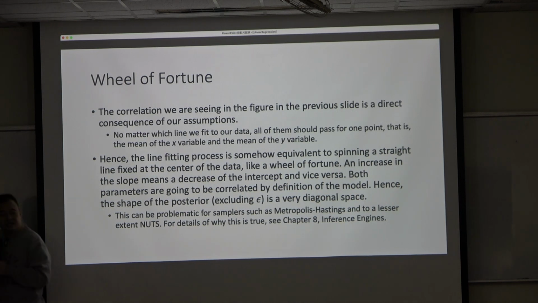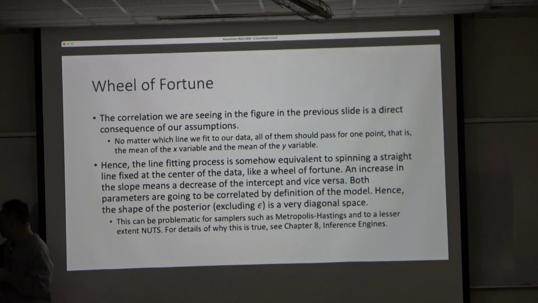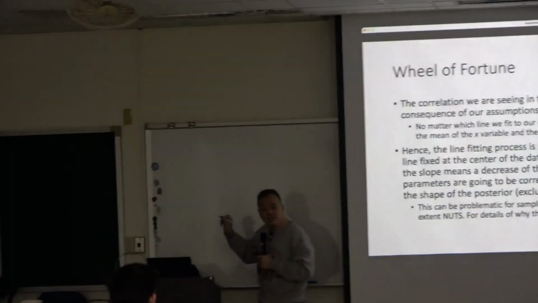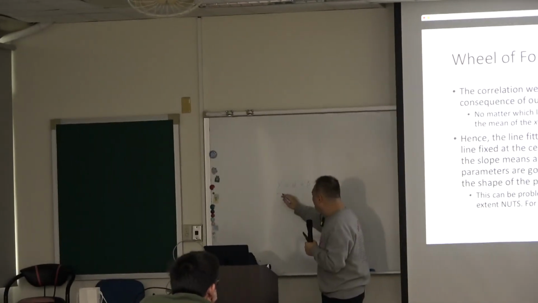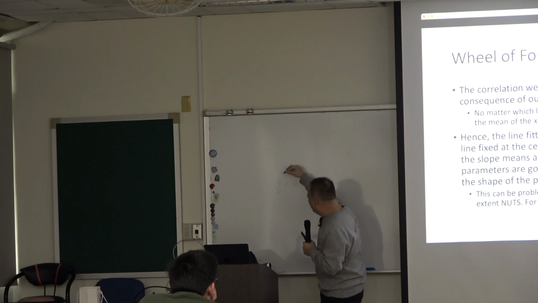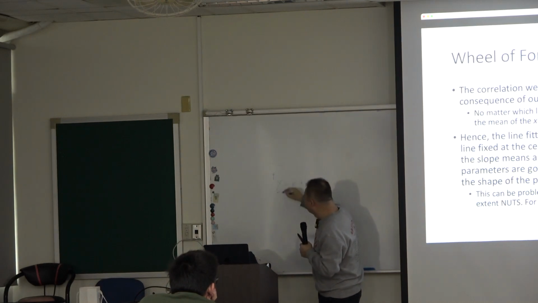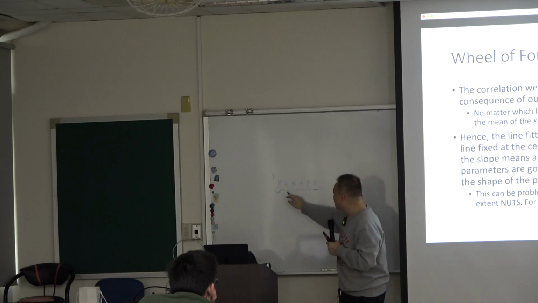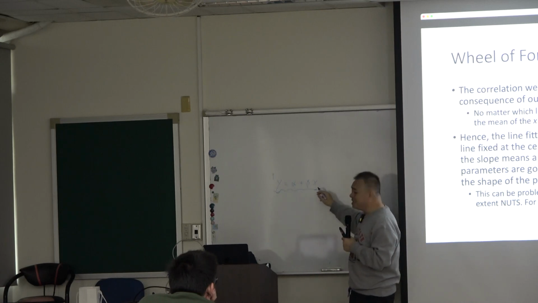Remember I said it will go past the mean of y and x. But once you pass that, when you increase the value of y, because it's confined by this formula, when y increases, x gets increased too.